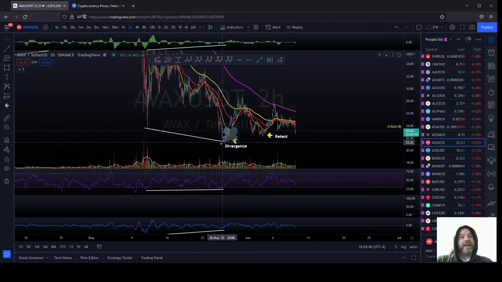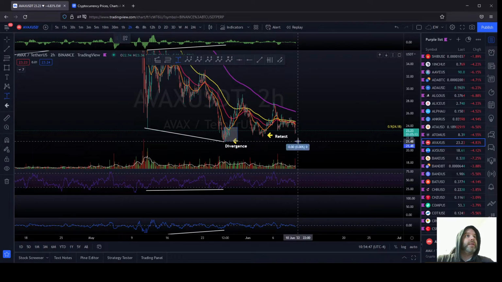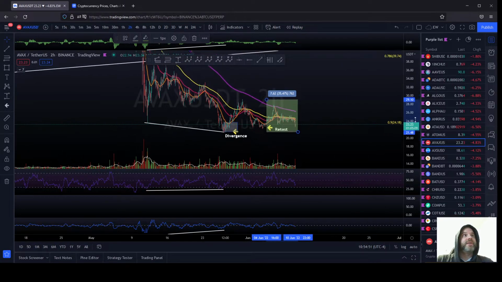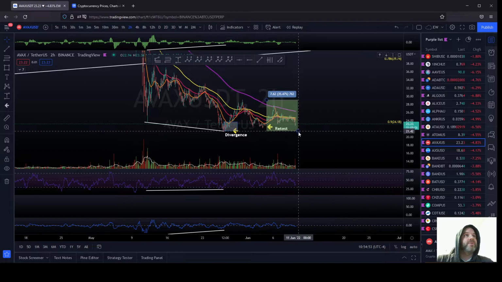The divergence has, at least in part, played out, and it did up to here. In this case, the divergence bounced 35%. That is a huge bounce if you're trading leverage. On a 10x leverage trade, this is a 350% trade, which is amazing for anybody.